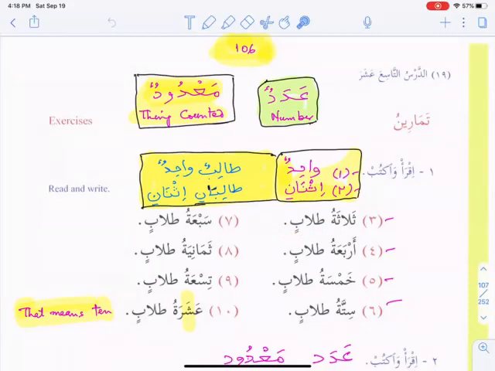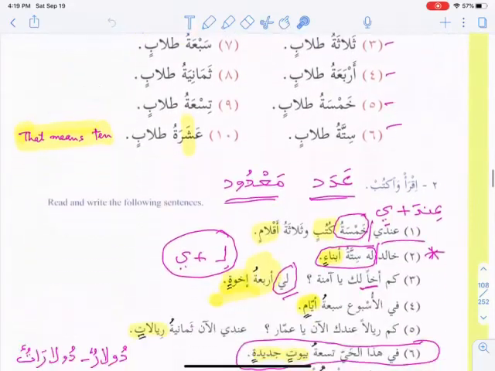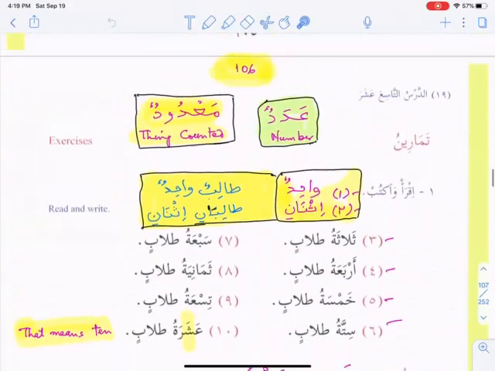That's all you have to remember. From 3 to 10, the ma'dud, the thing counted, is plural, and the adad is opposite. If the thing counted is masculine, then the number is feminine. If the thing counted is feminine, then the number becomes masculine, opposite. Maybe you can check this out, inshallah.